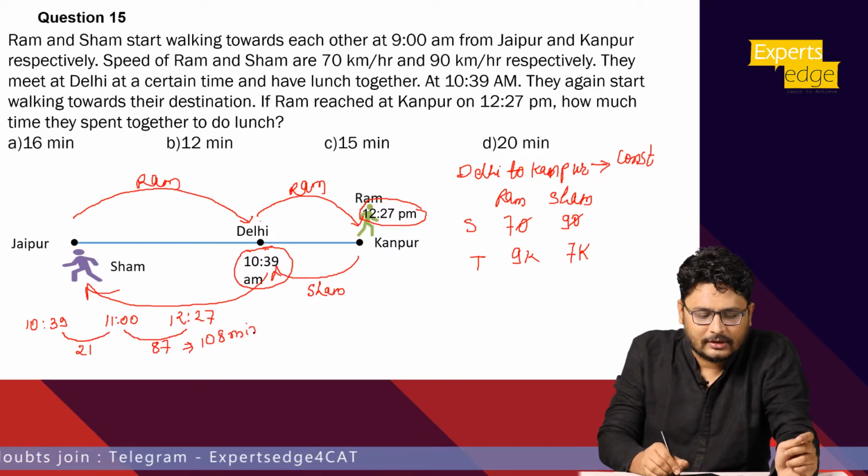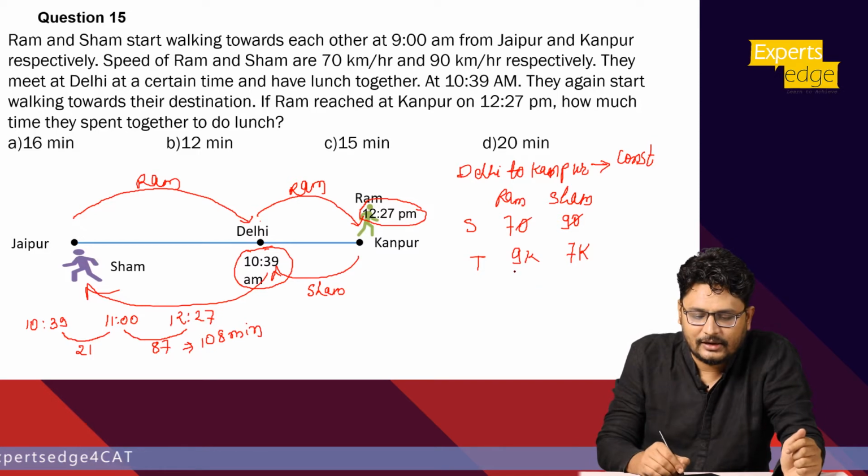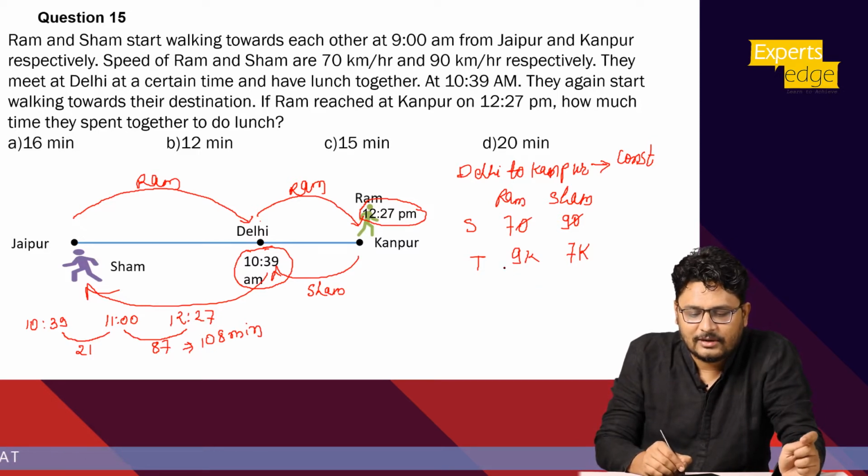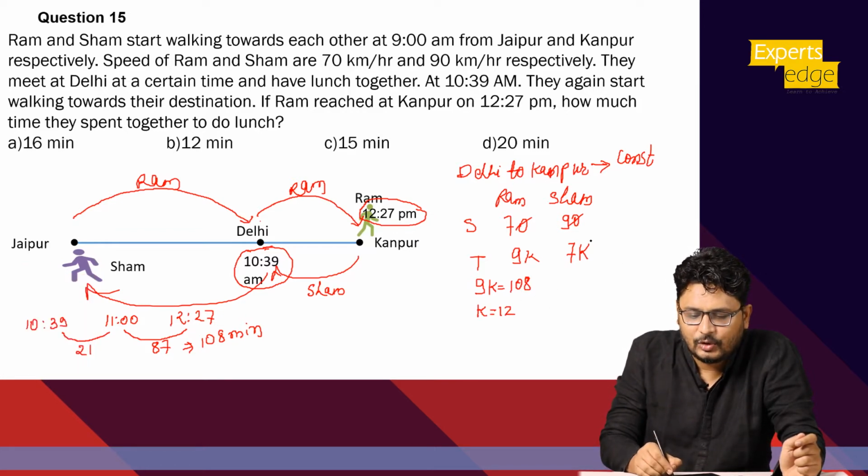So Ram took 108 minutes after their meeting, and I know Ram's time is 9k. So I should equate 9k with 108. So my k would come out to be 12. What does that mean? That this guy Sham took 12 sevens, 84 minutes, to travel this same distance, right?